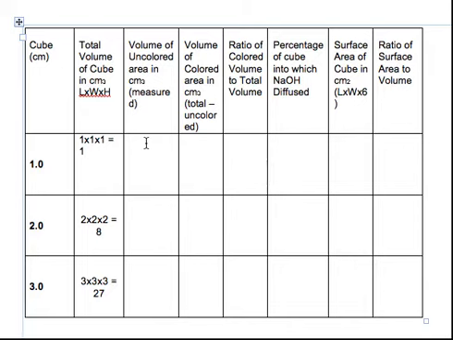Usually the uncolored area for the 1 centimeter cube is 0. Okay, and if that was the case, it's just going to be 0 times 0 times 0. And if that's not the case, put your number in, but typically it's a pretty small value is what you're going to find. Okay, obviously that's 0. For the distance across the uncolored area for the 2, it's usually slightly bigger.